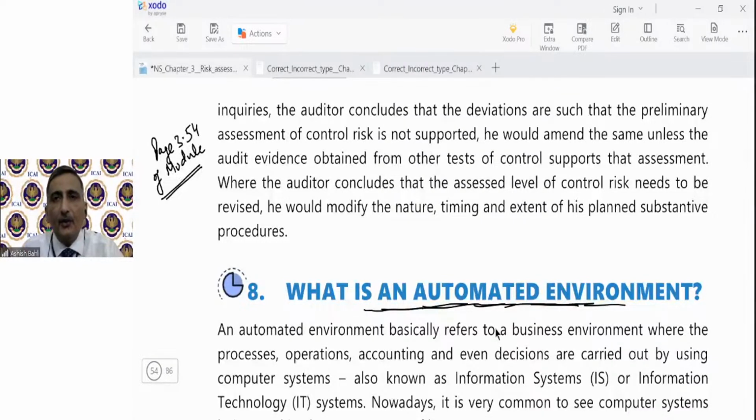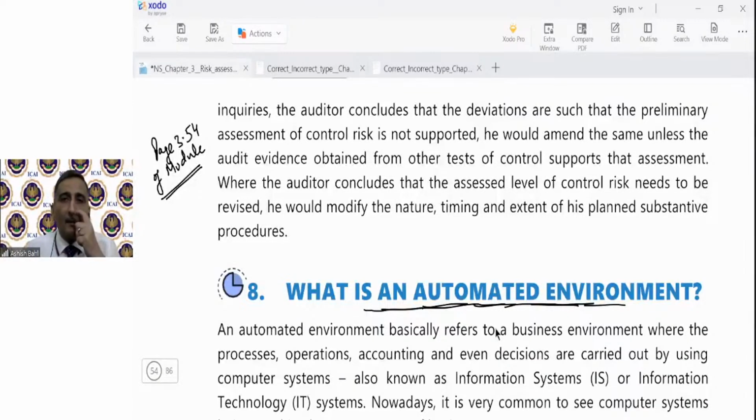So students, as you know, an automated environment means a business environment in which all the business processes, functions, accounting, and much more, even decisions in some cases, are taken using IT systems, using computers.